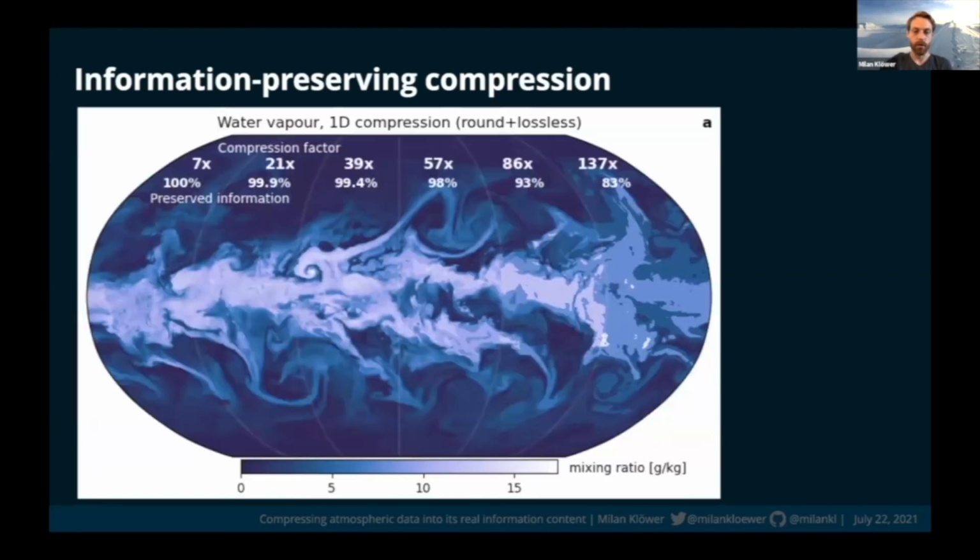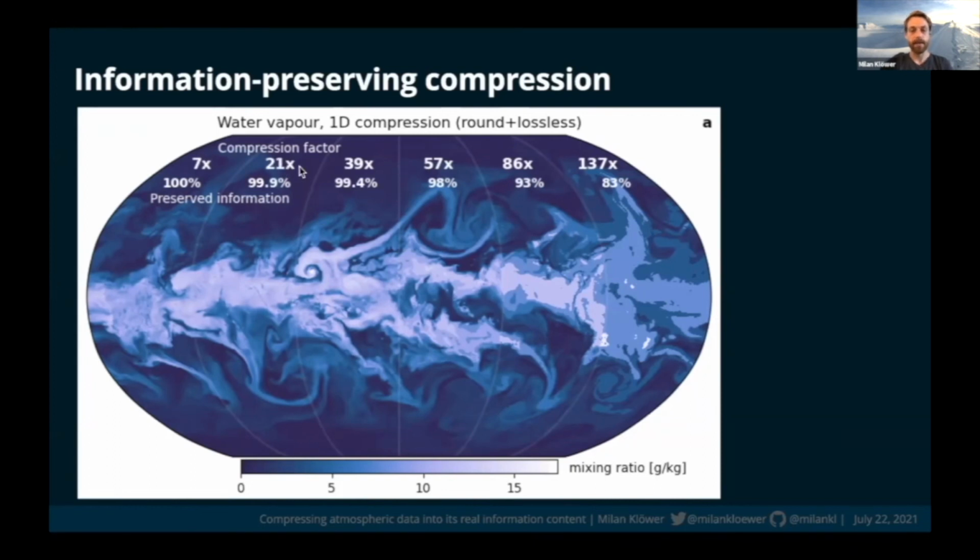To explain this a little better, this is a picture created from water vapor using the CAMS data set. If we preserve 100% of the information, shown here on the left, this is what the water vapor looks like over the globe. Then if you go to the next slice, we throw away 0.1% of the information, but suddenly our compression factor really increases.